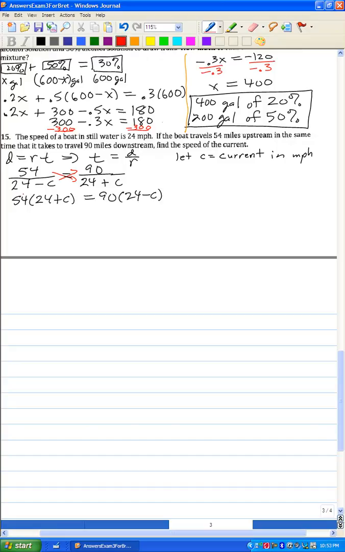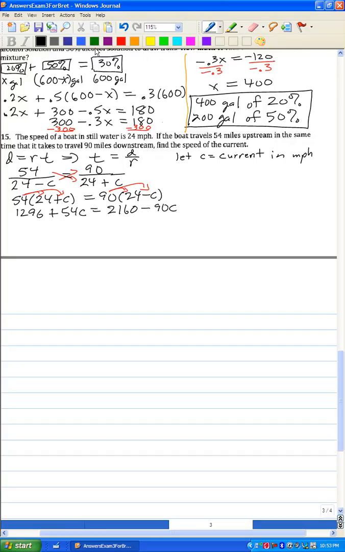So let me multiply 54, 90 inside the parentheses. By distributive property, 54 times 24, 1296, plus 54c, 90 times 24, 2160, minus 90c.